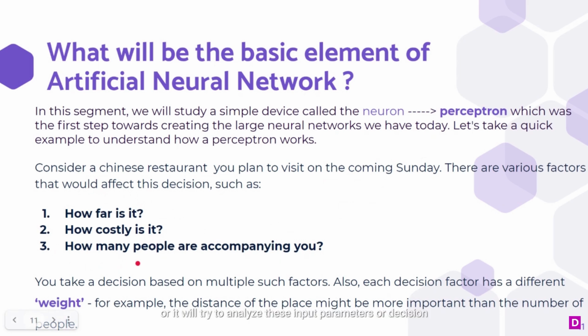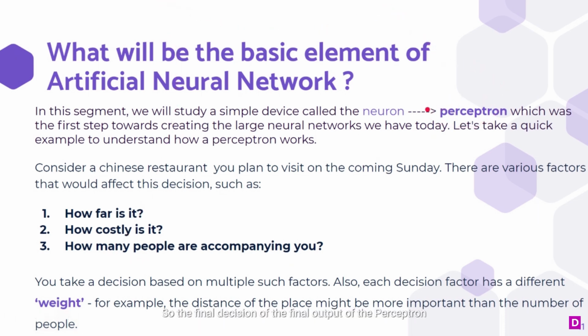It will try to analyze these input parameters and perform certain mathematical operations, or solve an equation, in order to arrive at a final decision to visit the restaurant or not.